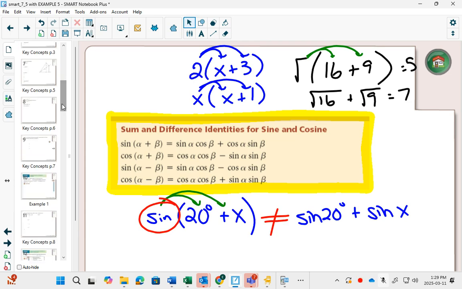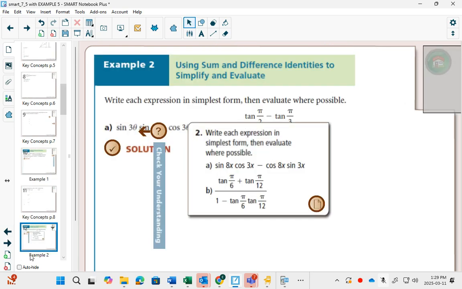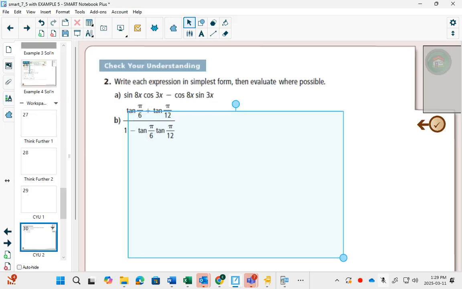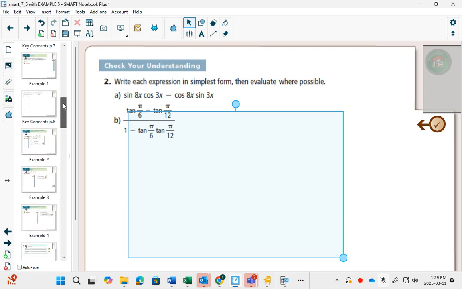So we're actually not going to do these questions in the same order. We're going to start with example 2, because example 2 is just practice using the formulas. Oh, and on page 638, maybe we'll do that first before we get to example 2.